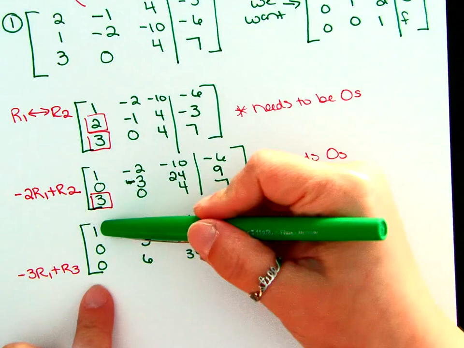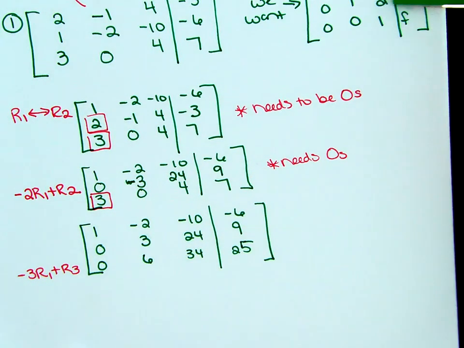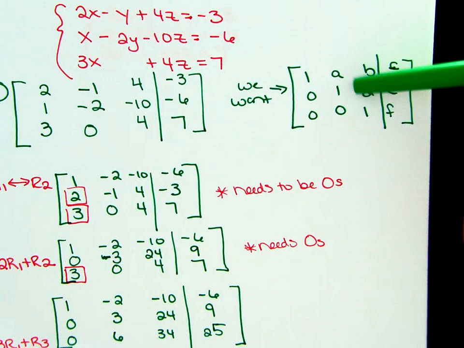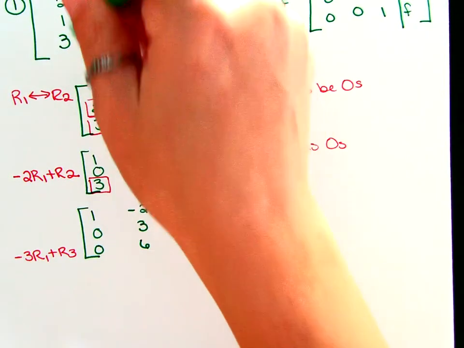So if we're looking at the row echelon form, the next thing we have to get in column 2 is a 1 in that middle spot. Just like here we got the 1 in the upper left corner, now we need to get a 1 right here.